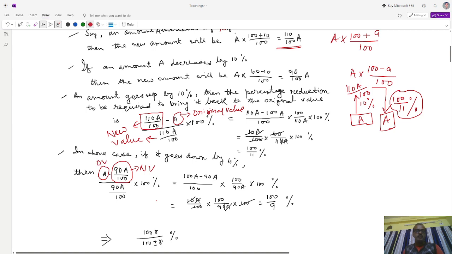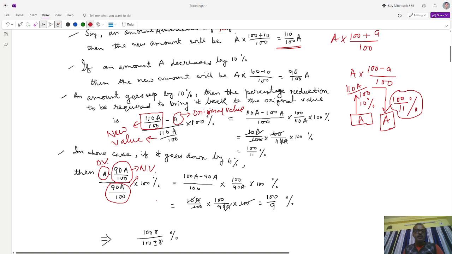As it decreases, the original value is higher than the new value. So original value minus new value is the decreased value, out of the new value. This is the ratio.